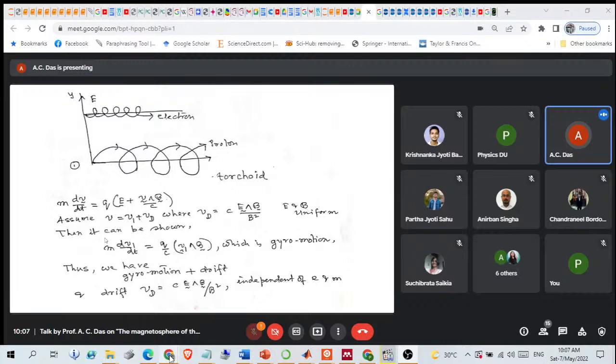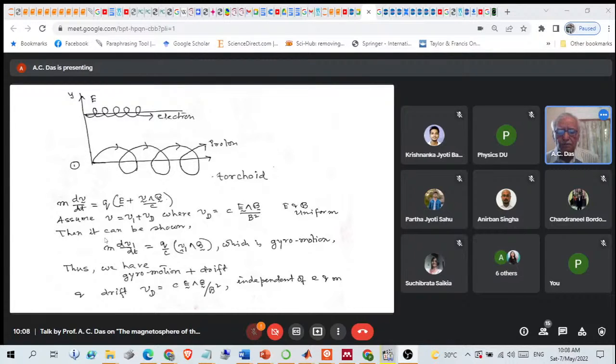If you write down m dv/dt equals the force, then one starts with trial and error. One assumes that V is equal to V1 plus Vd, where Vd is assumed to be c E cross B by B square. It is because of some intuition. Put that in the equation back.